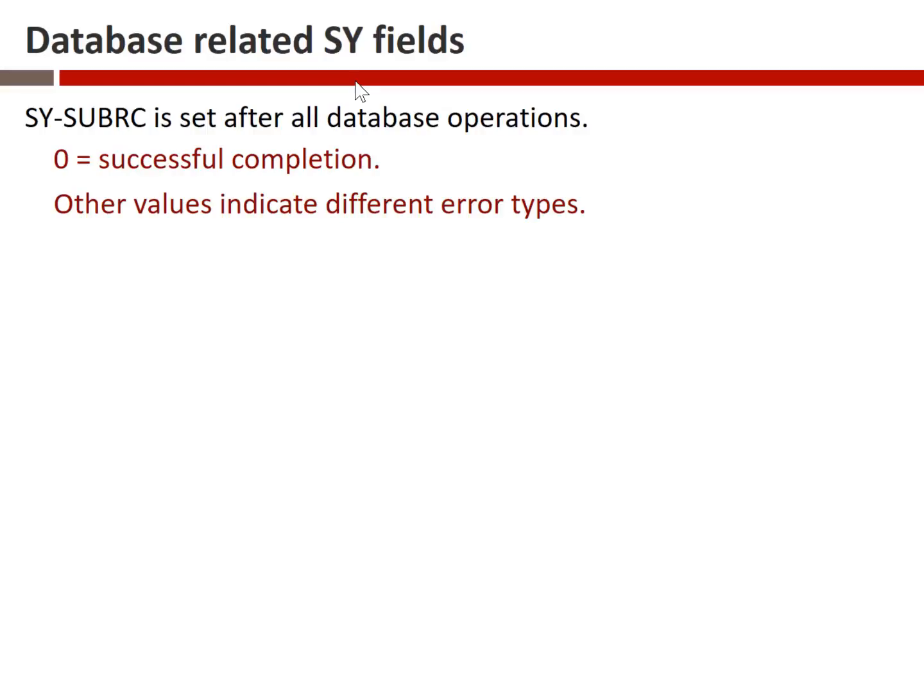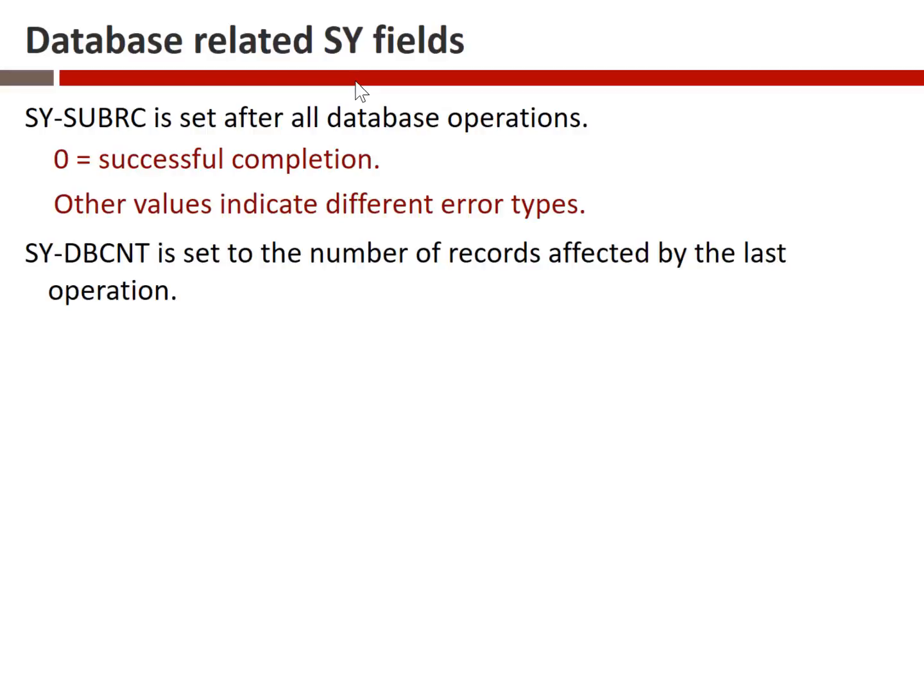The other SY-related data object we can test is sy-dbcnt. sy-dbcnt is set to the number of records affected by the last operation. And you can imagine that depending upon what I'm doing in my program, sometimes it might make sense for me to check sy-dbcnt. Sometimes it might make sense for me to check sy-subrc.